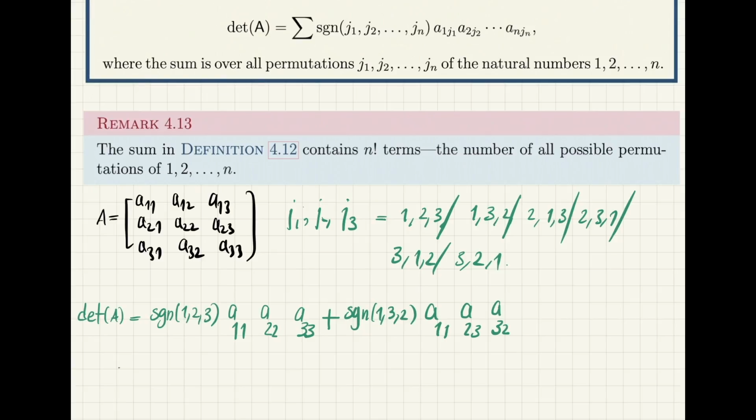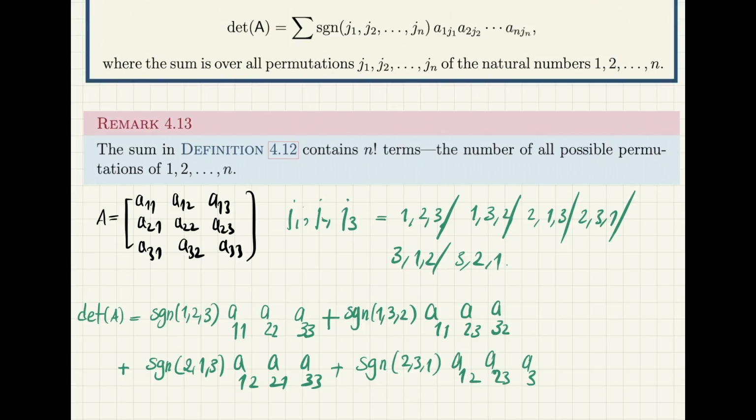Then I will go to the next term. It becomes the sign of 2, 1, 3, and then I will have three a's again, with first indices 1, 2, and 3. Now I put 2 here, 1 here, 3 here. I will go to the next one. It is 2, 3, and 1. So I would write a1, a2, a3, and put 2 here, 3 here, and 1 here.